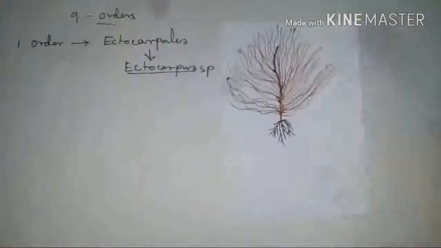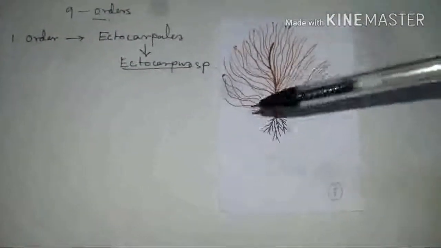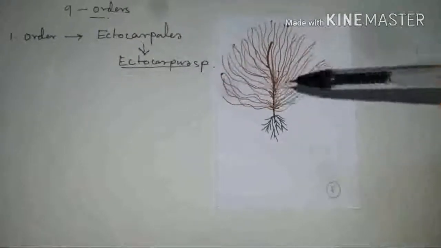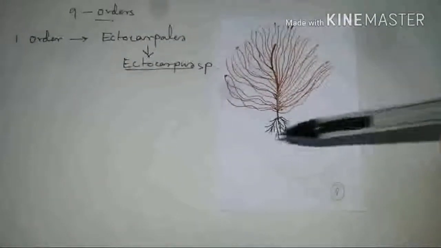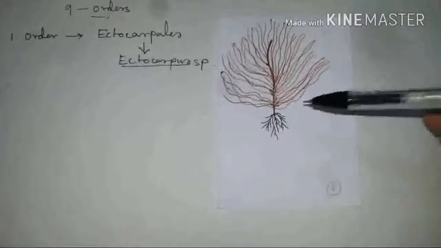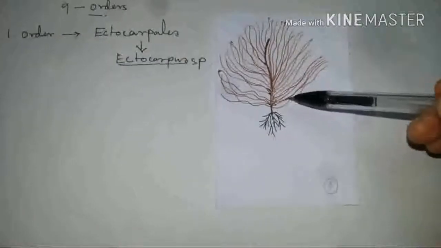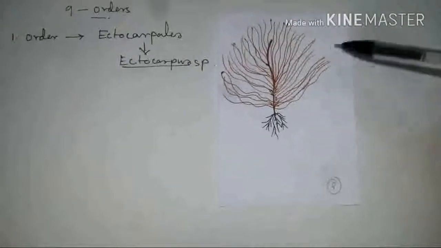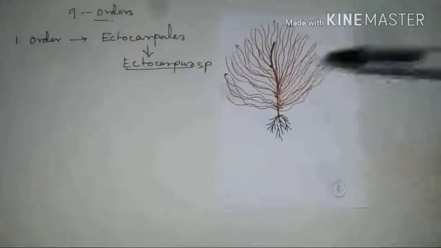Now Ectocarpus is a filamentous branched type of algae. This branch is divided into prostrate and erect parts, and the rectangular cells are attached unidirectionally to form the filament. So it is an Ectocarpus algae.